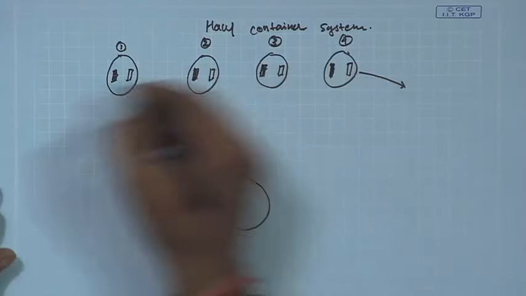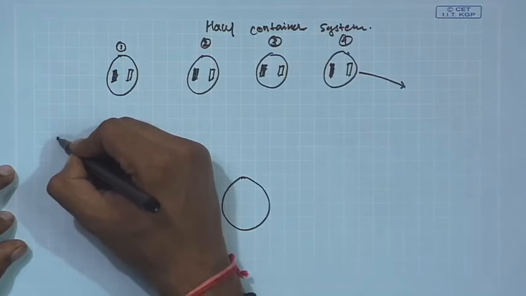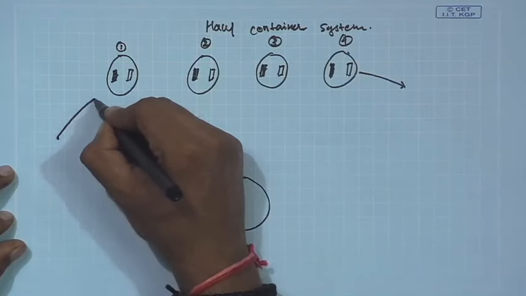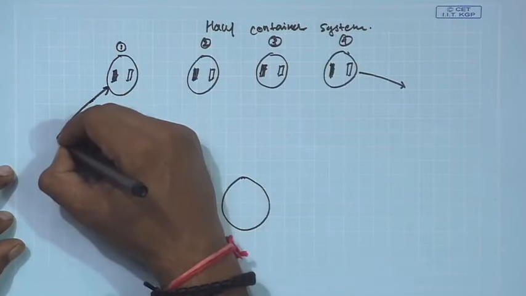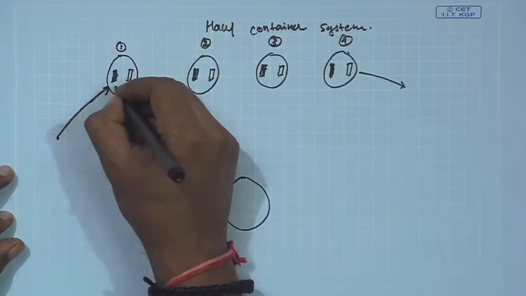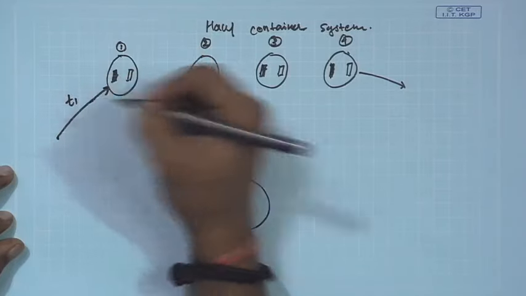And this is the dispatch station, and this is the truck. The truck from the dispatch station will come to container location 1, and it will take a certain time to reach the station container 1, that would be T1.